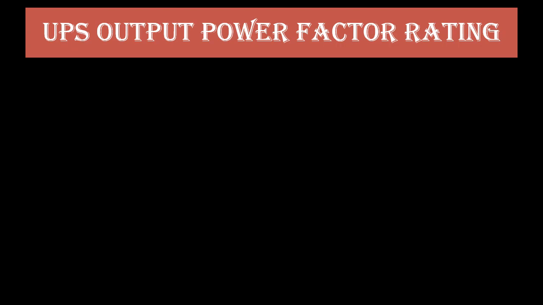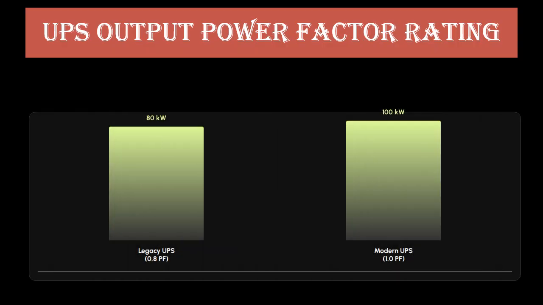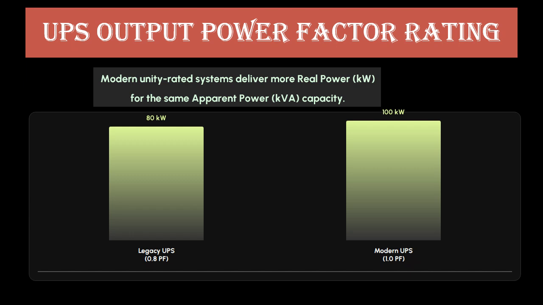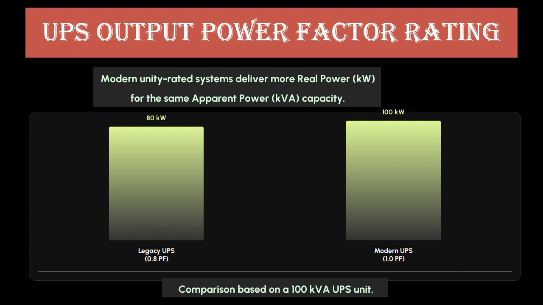UPS output power factor rating. Beyond the input, the UPS output rating is equally important for our usable data center capacity. As the chart illustrates, an older 100 kVA UPS with a 0.8 power factor rating could only deliver 80 kilowatts of usable power. In contrast, a modern unity-rated UPS, with a 1.0 output PF, can deliver the full 100 kilowatts of usable power from the same 100 kVA rating.